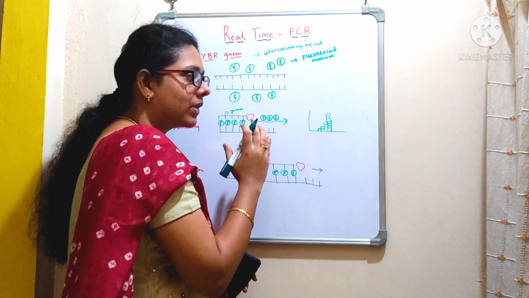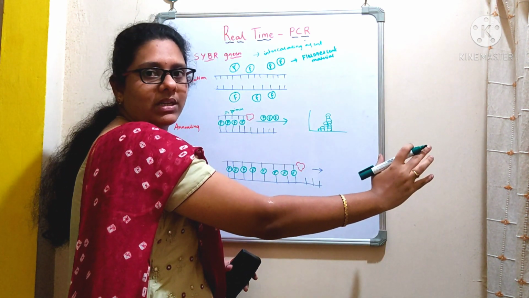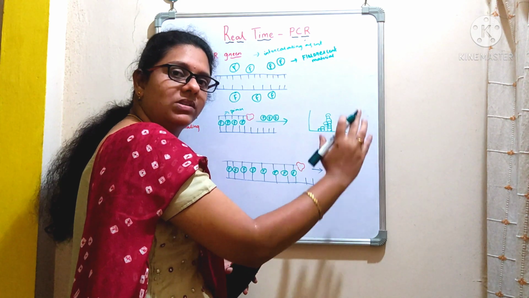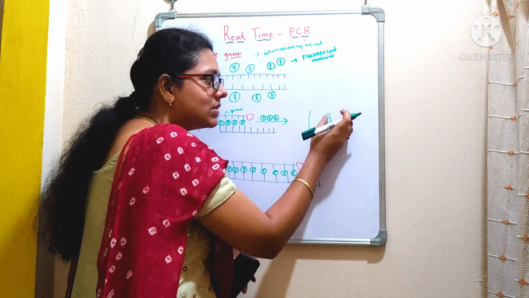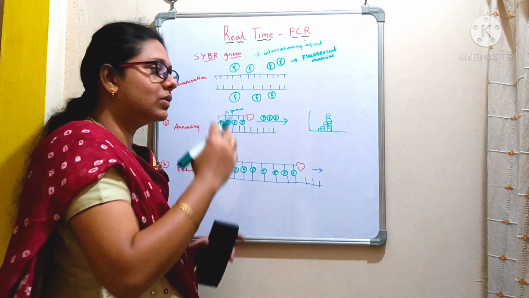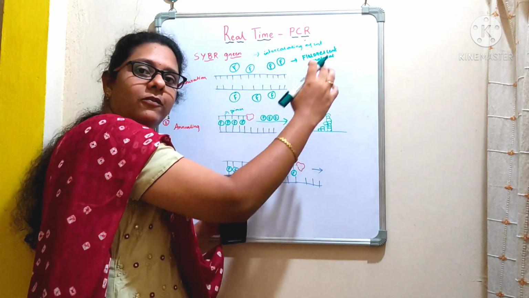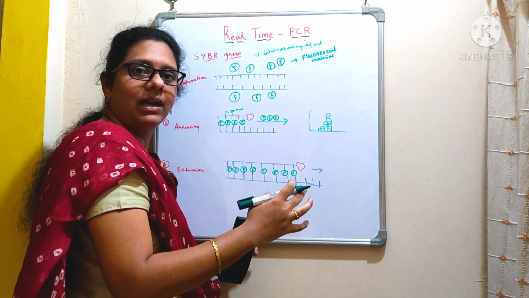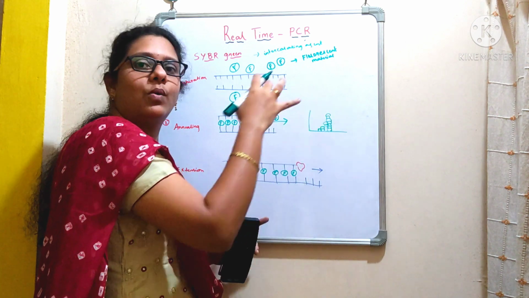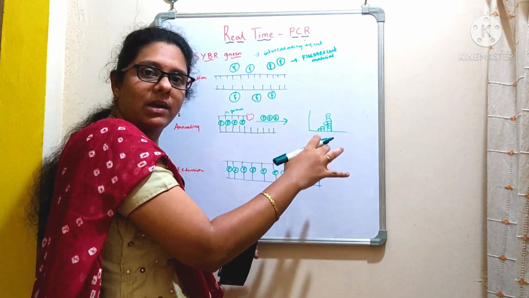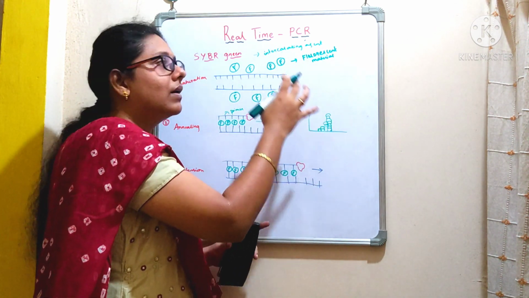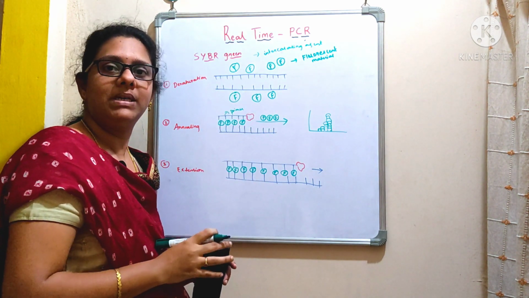In this way, as the amplification of the gene takes place, the fluorescence also increases. That increase in the intensity of fluorescence can be detected, and that helps us to quantify the amount of PCR product that has been formed with the help of this real-time PCR.